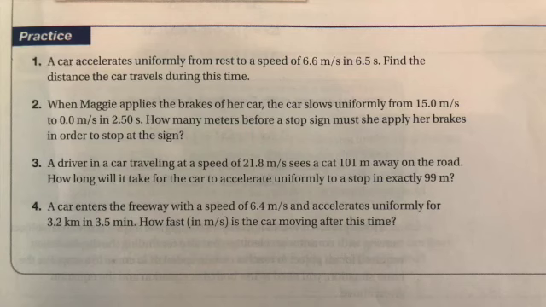All right, let's move on to page 49, number 2. When Maggie applies the brakes of her car, the car slows uniformly from 15 meters per second to 0 in 2.50 seconds. How many meters before a stop sign must she apply her brakes in order to stop at the sign?